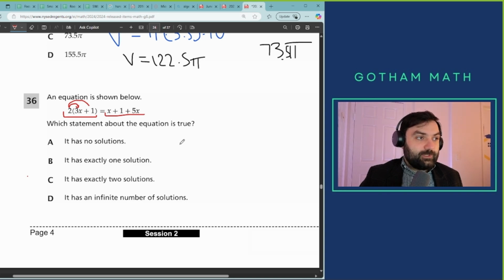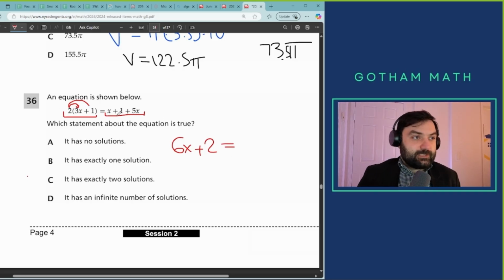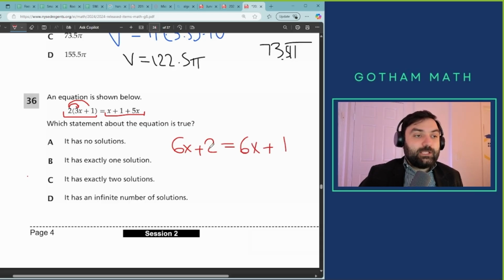So it's going to be 6x plus 2 equals, and we simplify the right side, which is x plus 5x, which is 6x. So 6x plus 1. All right, so we have 6x on one side, 6x on the other side, but we have 2 and we have 1.